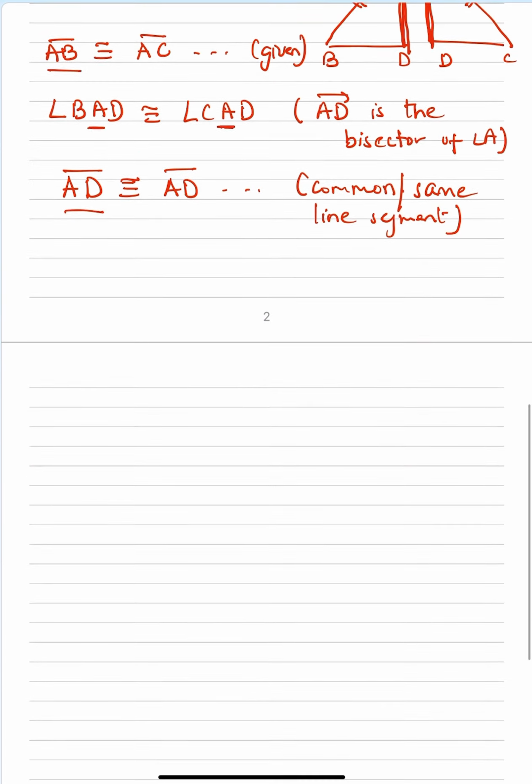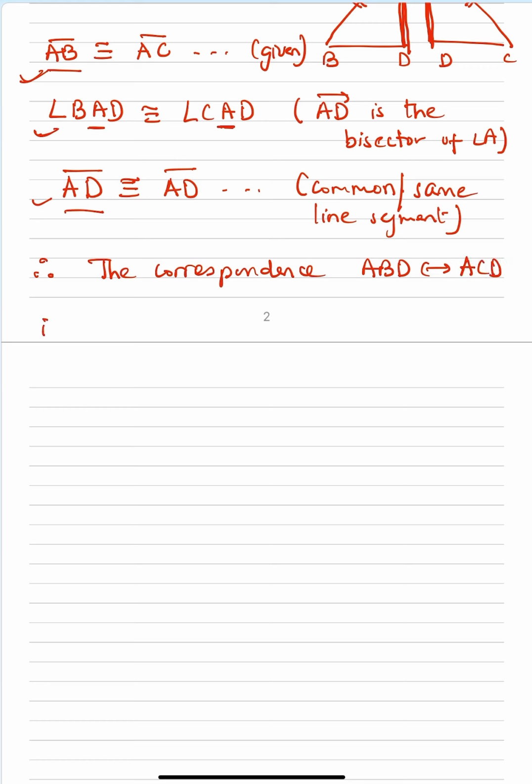Now see, you have already proved one angle, two sides. So this is side, angle, side. So we can say that therefore the correspondence ABD to ACD is congruent. This is by SAS criteria.